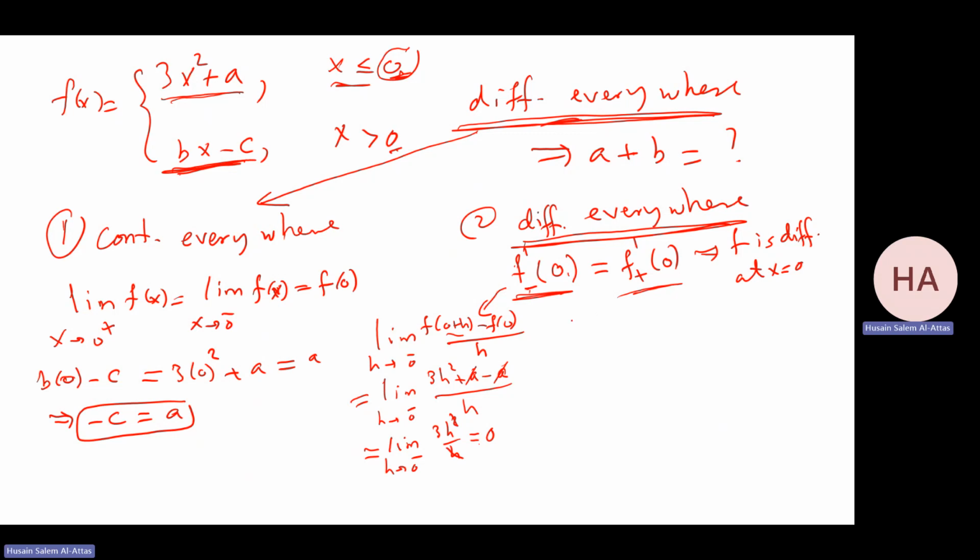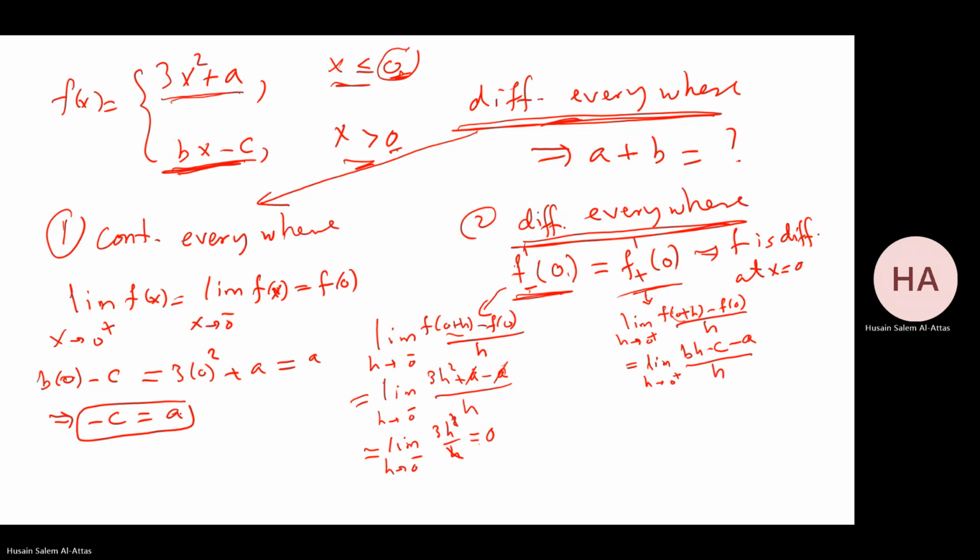The other side, for the right, check the limit as h goes to 0 from right, f of 0 plus h minus f of 0 over h. From right means this one, I am here. So just substitute. That will be the limit as h goes to 0 from right of bh minus c. What is f at 0? F at 0, we say it's a, over h.